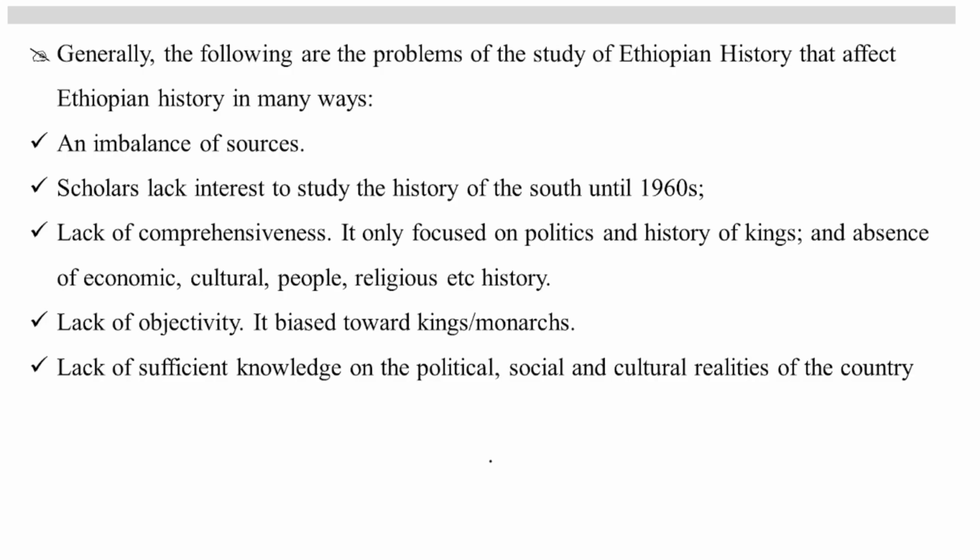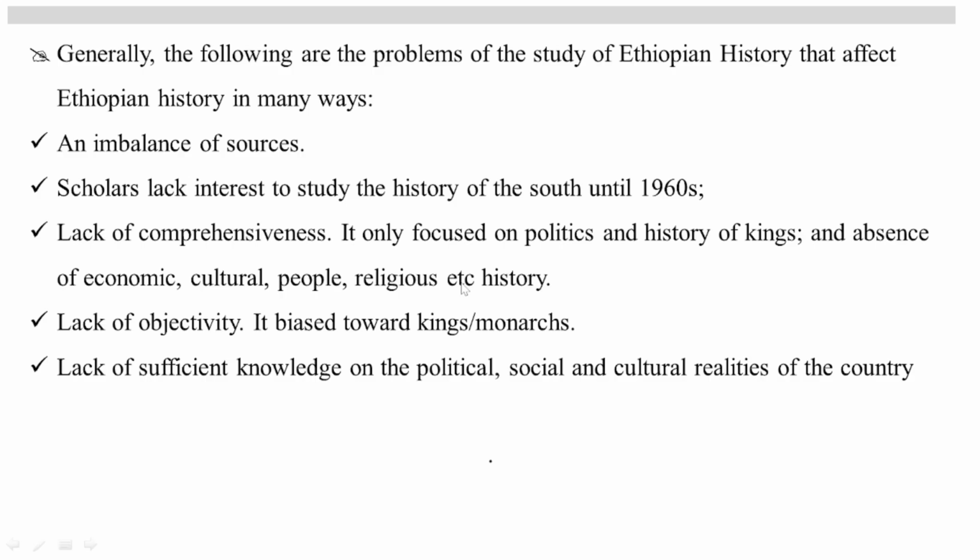Again, lack of comprehensiveness. You know what comprehensiveness means? Comprehensive history, which includes political, social, cultural, economic, and religious history. But Ethiopian history is mainly focused on political history and the history of kings, and the economic, cultural, people and religious aspects are absent. That is lack of comprehensiveness.